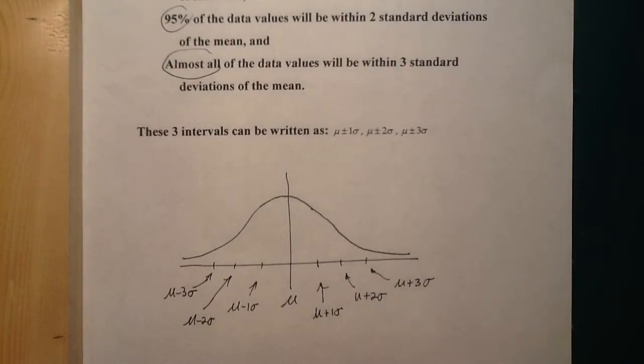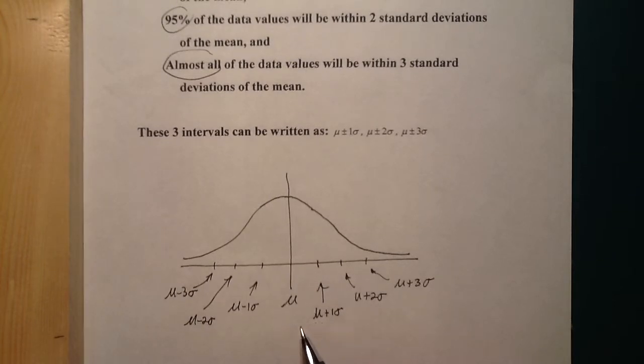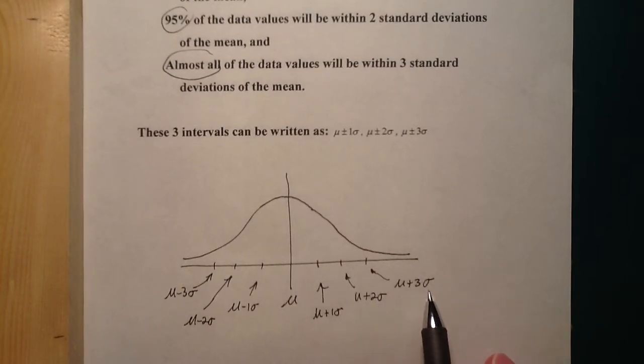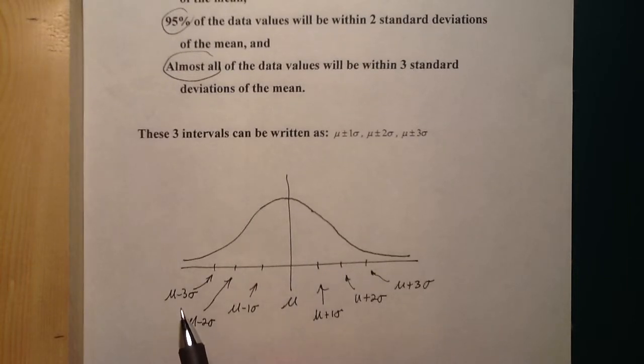So we have a picture that looks like this, where we have a bell-shaped set of data. The mean is mu, and we mark off mu plus 1 standard deviation, 2 and 3 on the right-hand side, and mu minus 1 standard deviation, minus 2 standard deviations, minus 3 standard deviations on the left side.